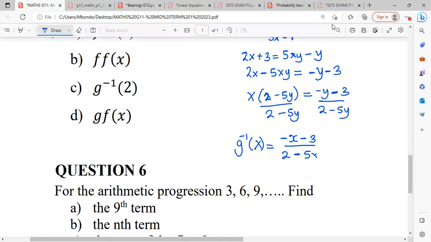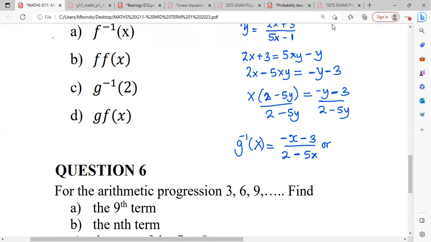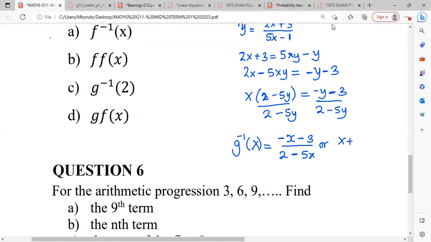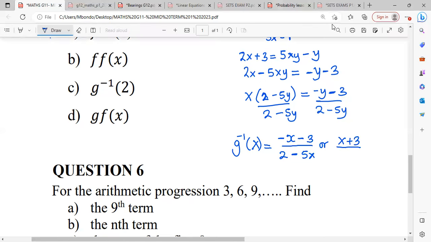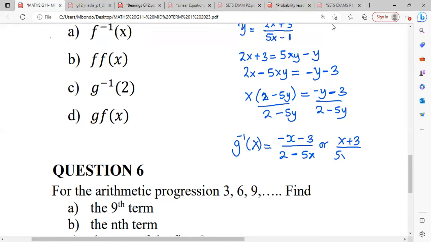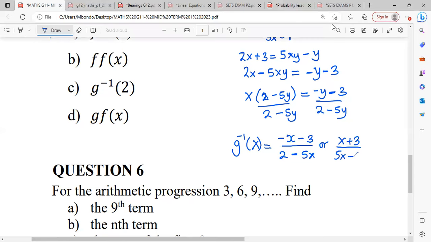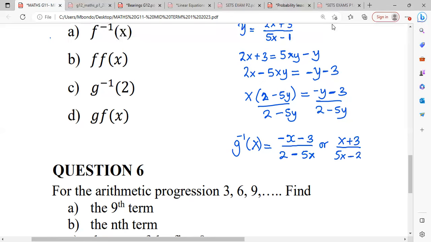But I was saying, some of you, your answer will look like this. It will be like x plus 3 over 5x minus 2. Yeah, or you will start with minus 2, then 5x. That's how your answer is going to look, some of you.